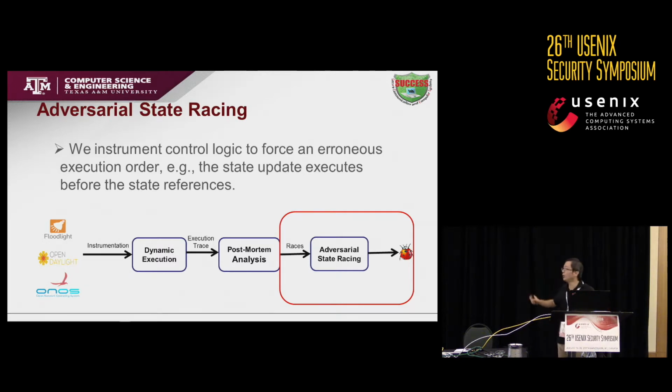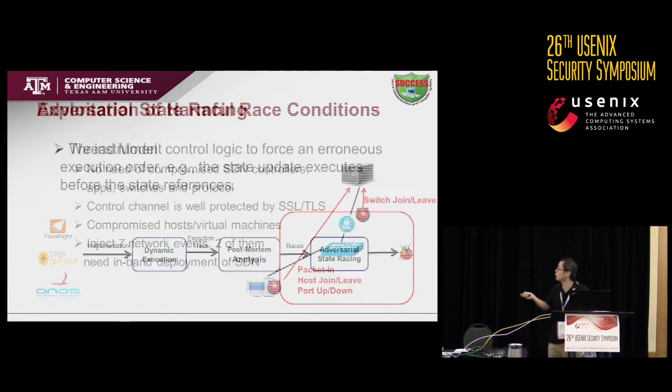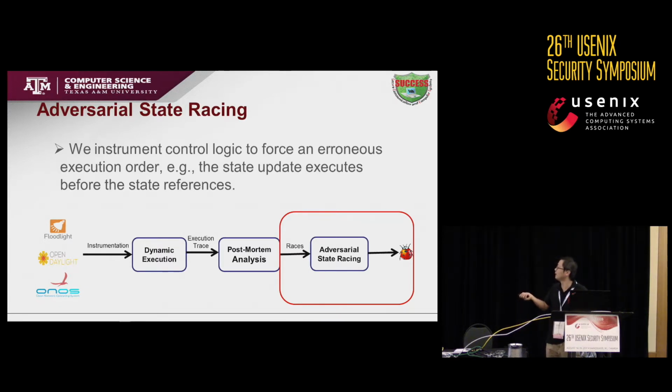In order to actually verify that these risky operations can lead to the attack, we use the final step, which we call adversary state racing. At a high level, we instrument the control logic to force an erroneous execution order. That is, the state update executes before the state reference and things like that.